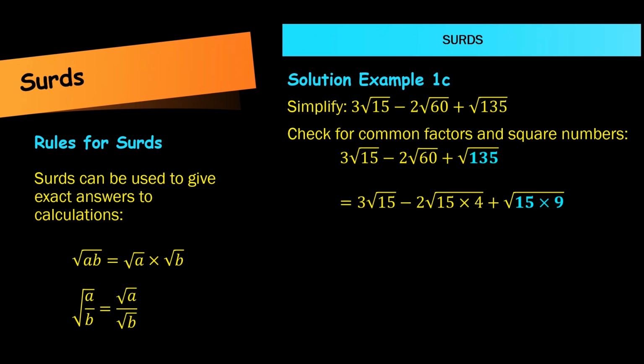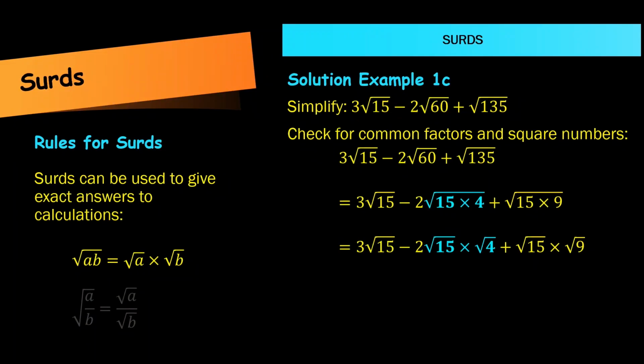Hopefully you should be able to see that 15 appears in each of the roots. So let's put aside the root 15s in each of the terms, as we've done here. Root 15 times 4 using the first rule is root 15 times root 4, and similarly for the last term, we have root 15 times root 9.